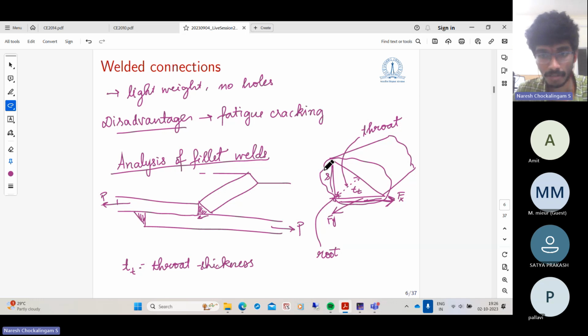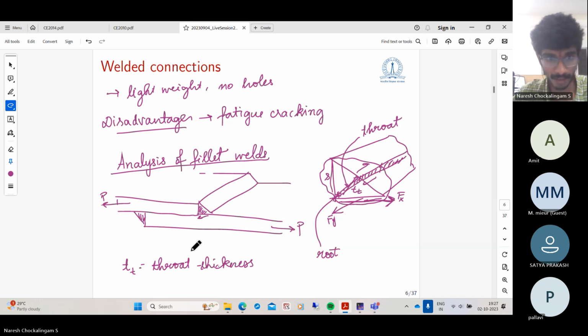We assume that all the forces are resisted by this plane. The weld extends into the plane of the paper, so you have a plane like this, over which all the forces applied on the weld can be resolved. The weld is likely to fail along this plane.